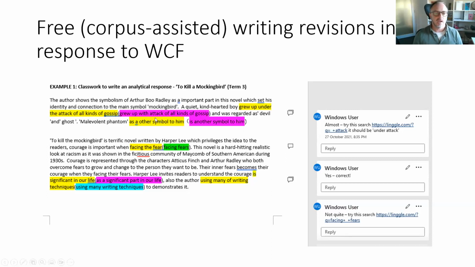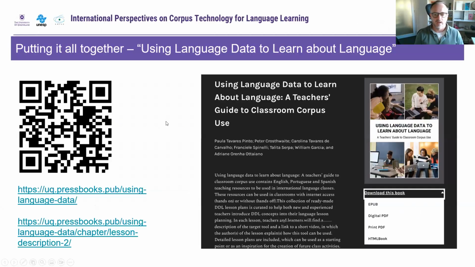As you can see here with the original version in the yellow highlight, and then you can see the pink one there, which is the student's corpus-assisted revision of that original issue. And there are lots of opportunities in this space, and this is something that we try to do with a lot of our academic writing students here at UQ.